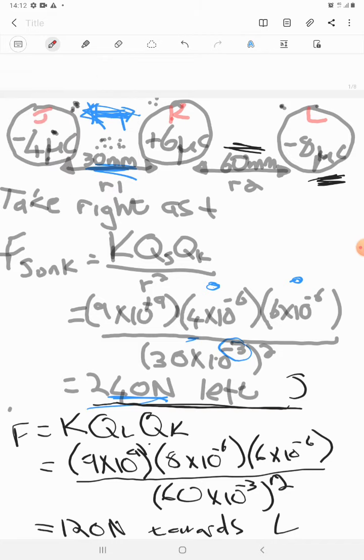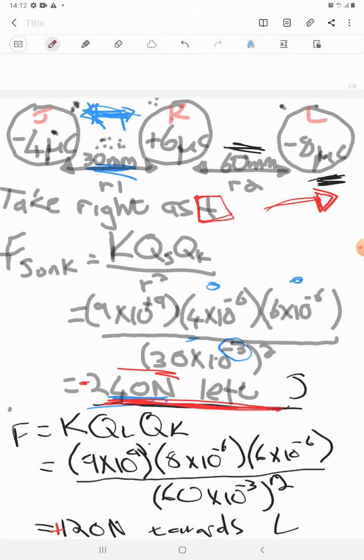Because I'm saying this one is to my left, notice which way I said is positive. I said that right is going to be positive, and if this is left, then I'm going to treat that as a negative. And because this is going towards the L, I'm going to take this right-hand side as positive. So I'm going to say this is a positive 120 newtons.